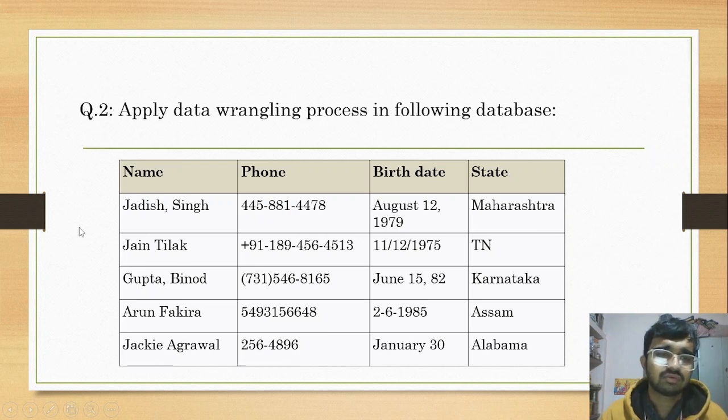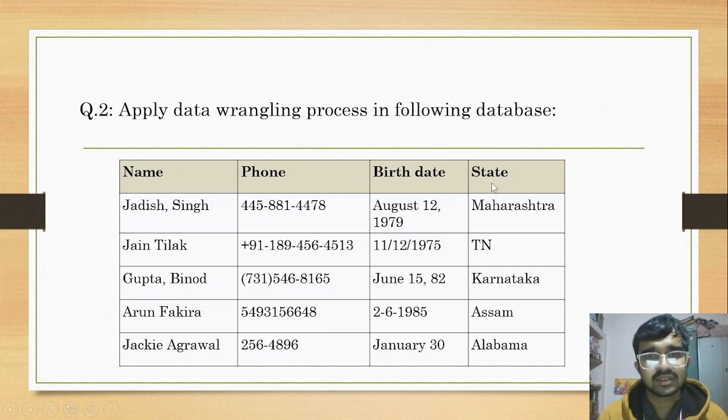So we have to correct this. In the phone number field, someone has used +91 in the starting, someone is keeping brackets before the code, and someone is simply writing the values, and someone is using only a 7-digit phone number, which may be a problem.